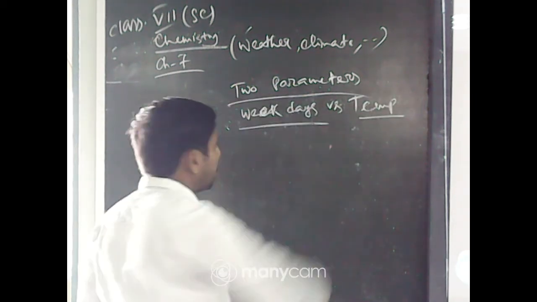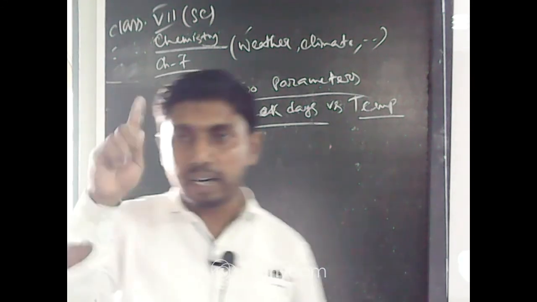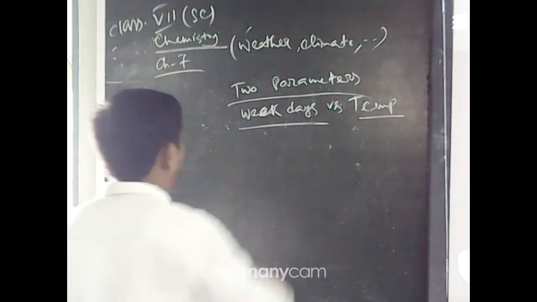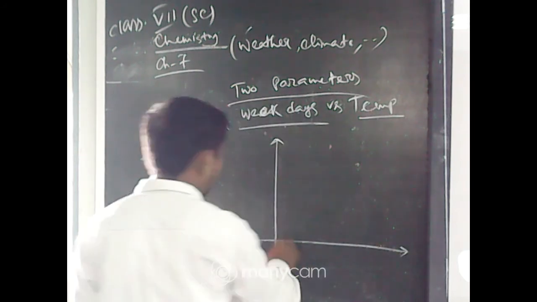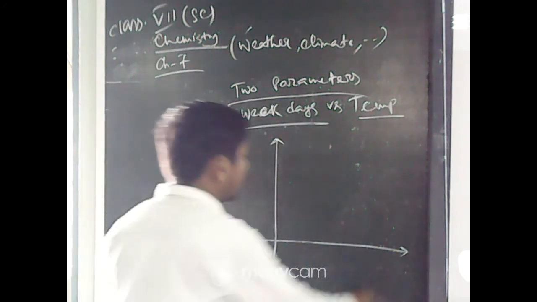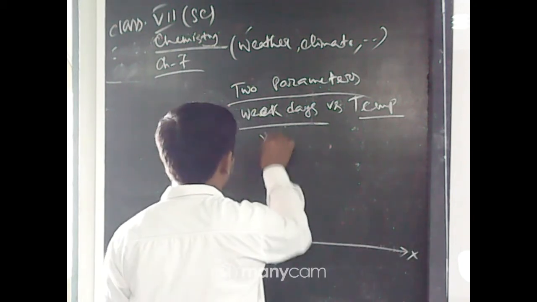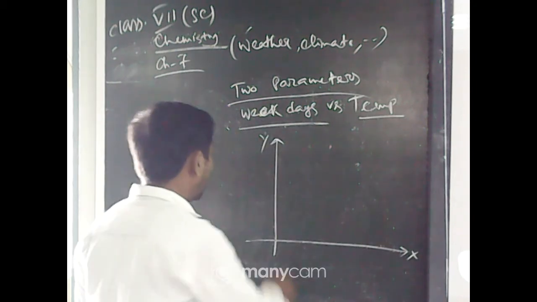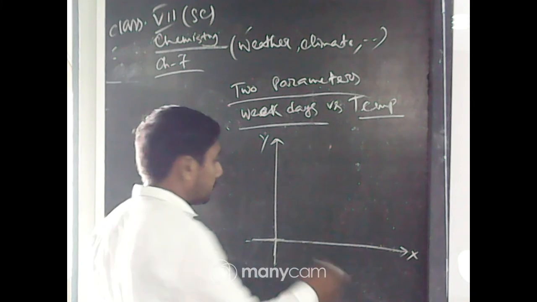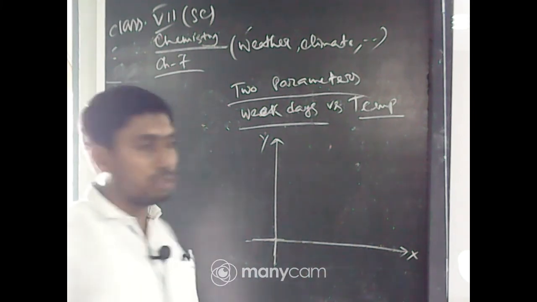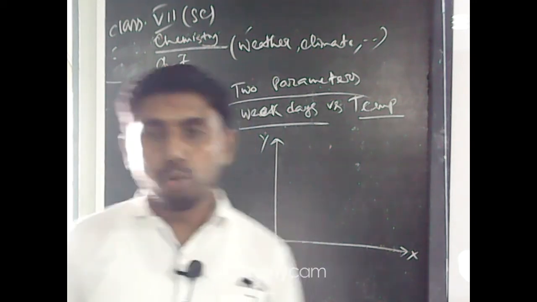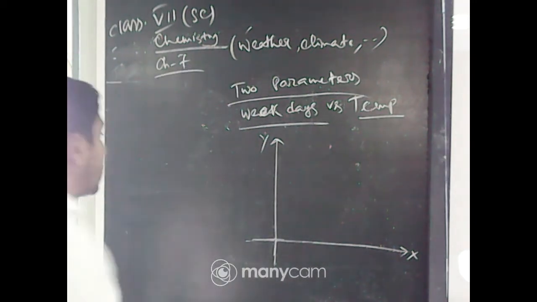The graph already contains two perpendicular lines having 90 degrees, you know about it. This is the x axis and this is the y axis. The meeting point is called 0, 0, the center. These are also called axes.